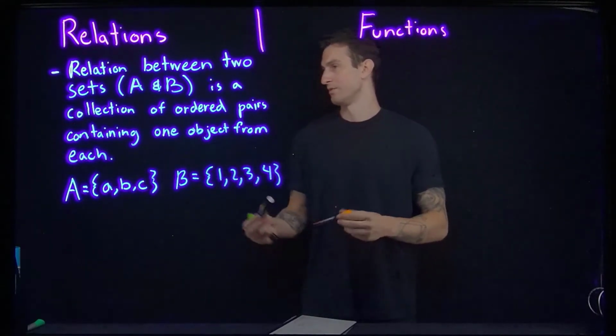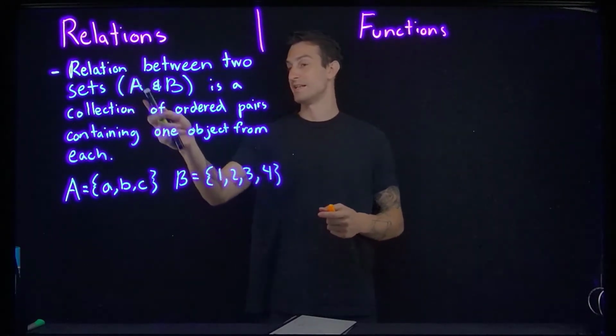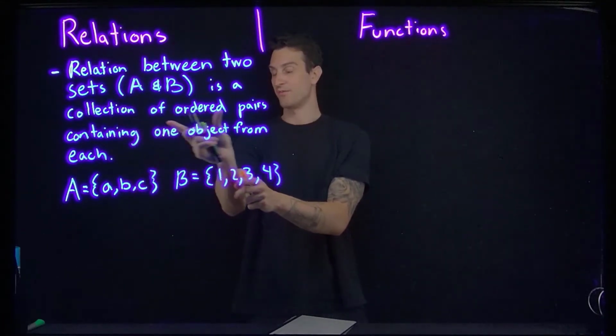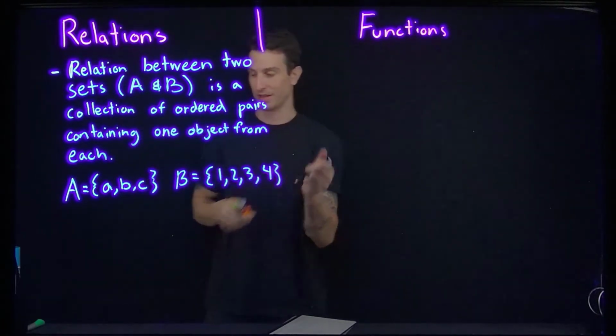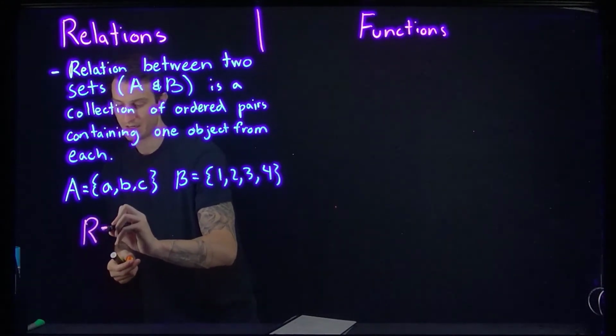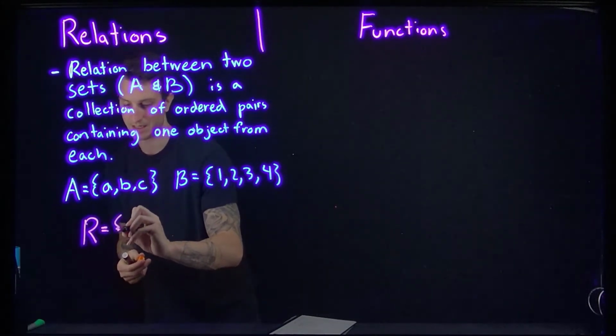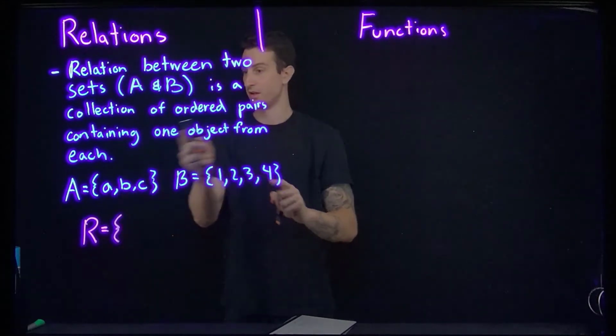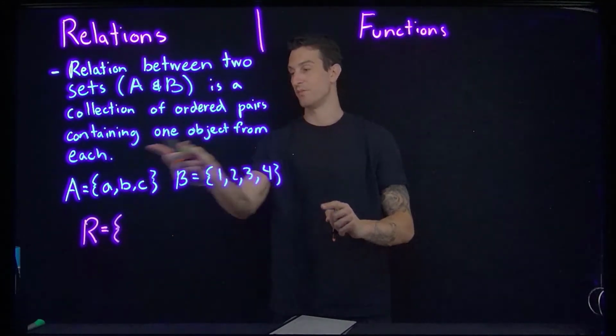So let's read this. A relation between two sets, A and B, is a collection of ordered pairs. So a relation, R is our relation, is a set of ordered pairs containing one object from each.